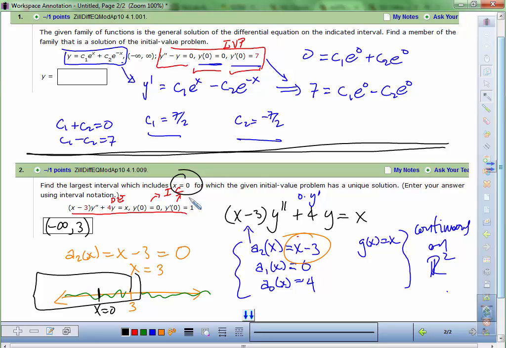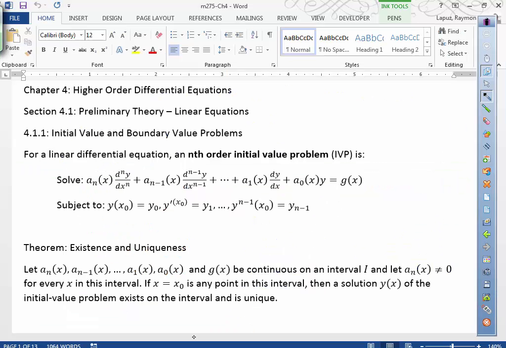So later on, we'll explore other numerical methods for finding your solutions for your next HBA. Okay, so that's the existence and uniqueness theorem.